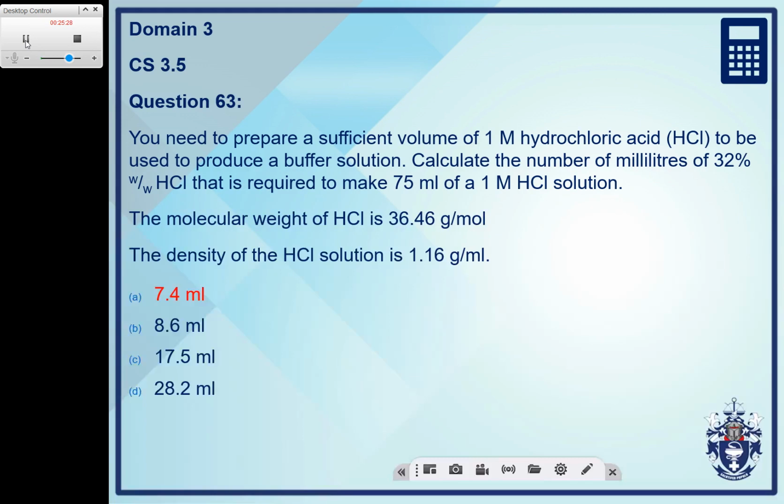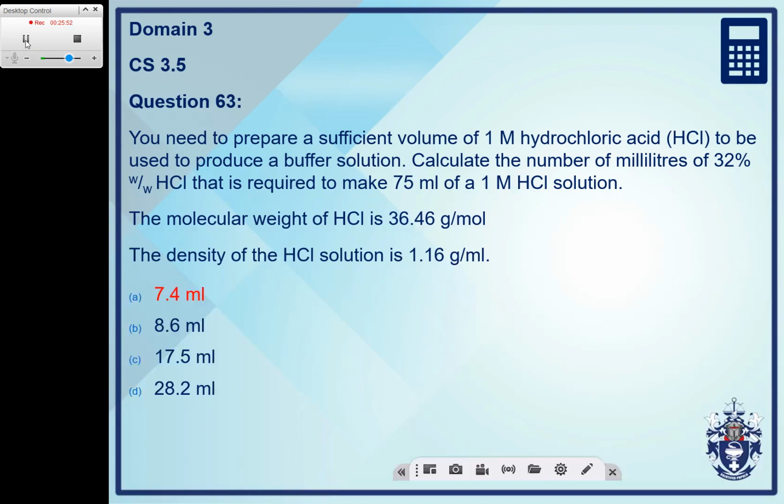And then there's certain info given. The first being the molecular weight of hydrochloric acid, which is equal to 36.46 grams per mole. And what's also given is the density of the 32% hydrochloric acid solution, that is 1.16 gram per milliliter.